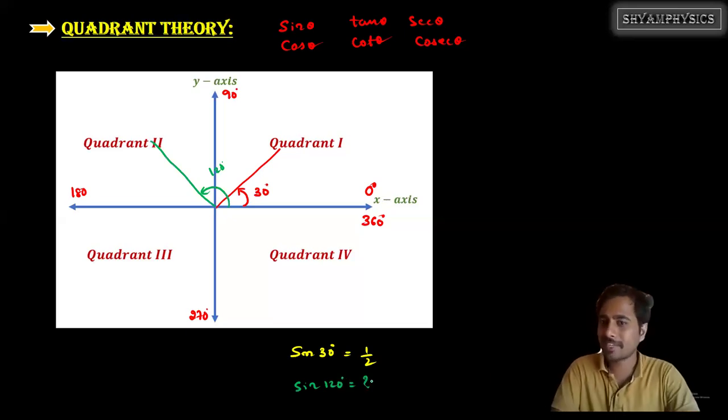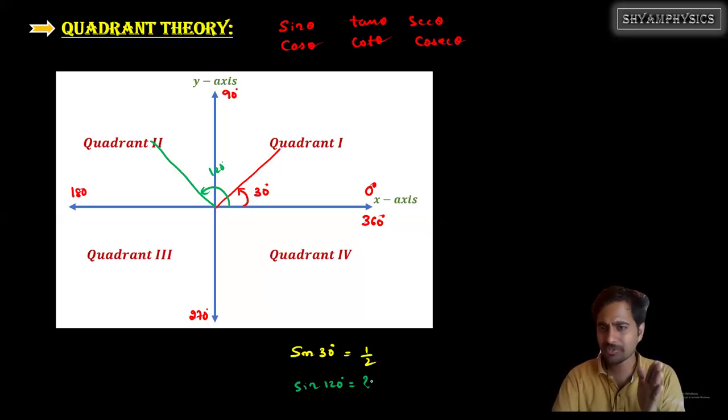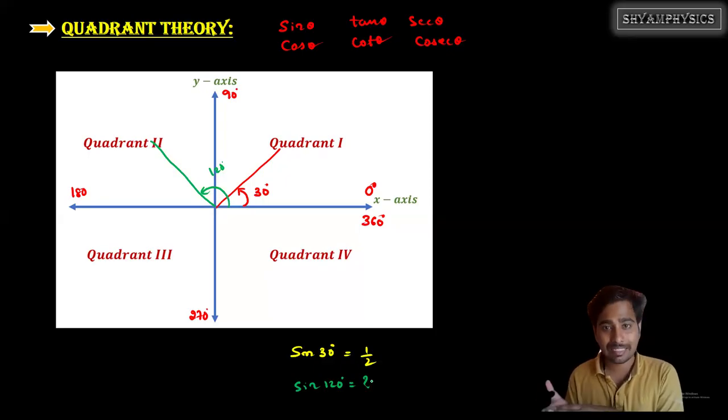Nothing will come to our mind, because we memorized the values of sine, cos, tan, all six trigonometric functions only from 0 to 90 degree, because we can't memorize everything in our memory. So in order to calculate the sine of 120, 150, 180, 210, 230, 330, like these values, we want to know quadrant theory.